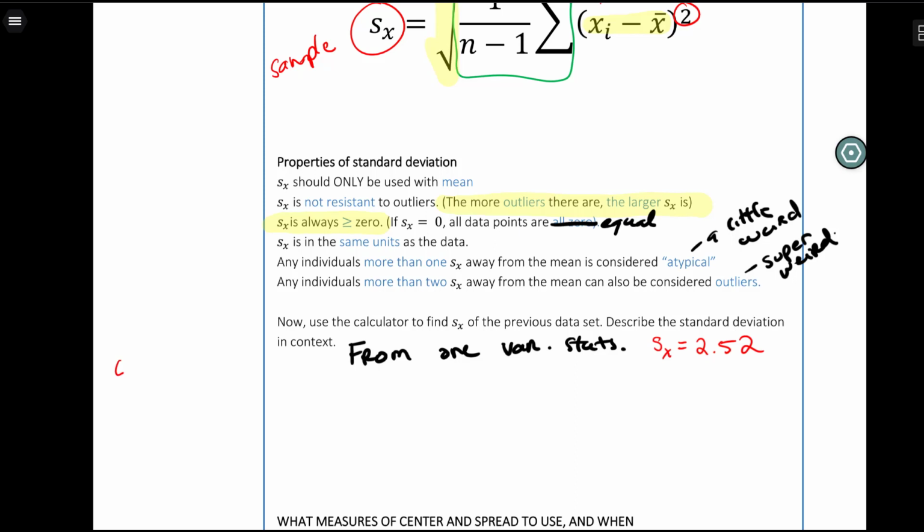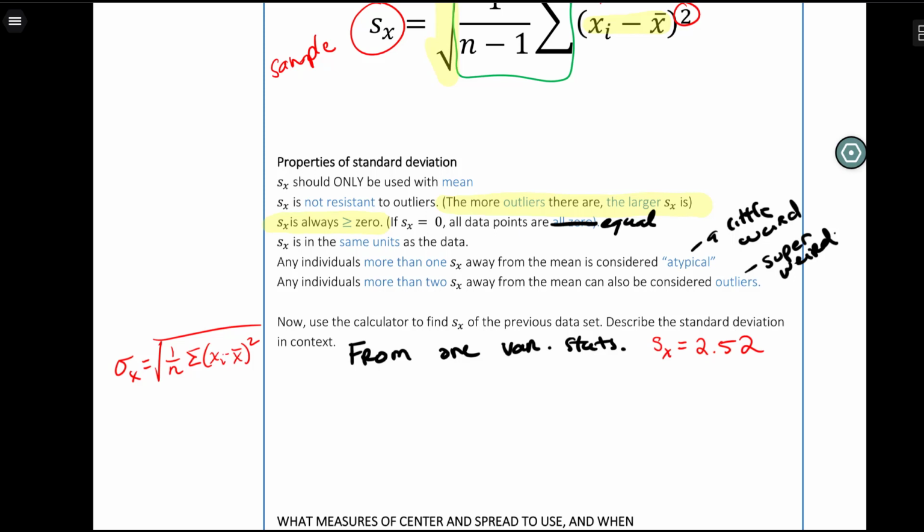First of all, let's jot down what the formula is if we are indeed looking at an entire population. The formula is the square root of 1 over n, not n minus 1, times sigma of x sub i minus x bar squared. So it's still the same formula, except you're dividing by n rather than n minus 1.